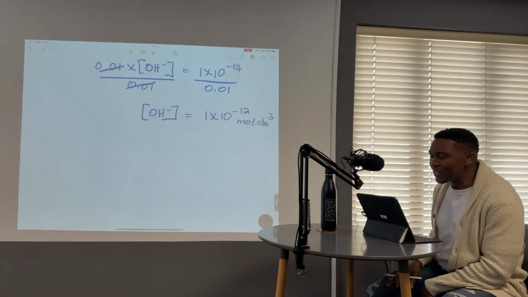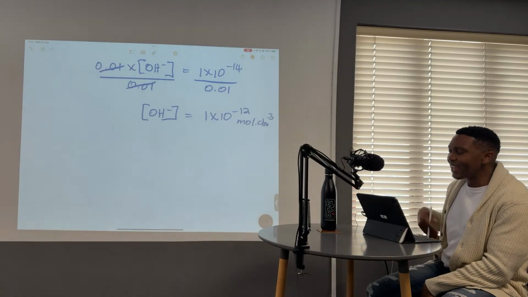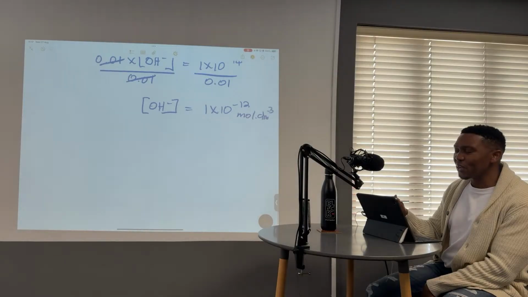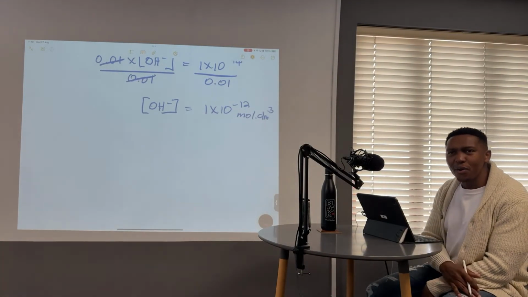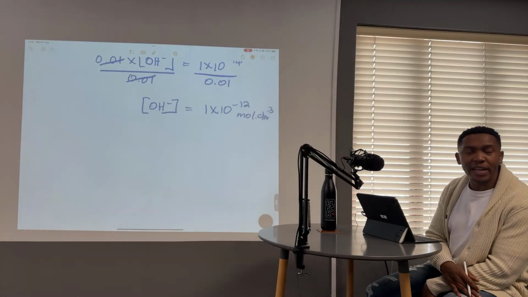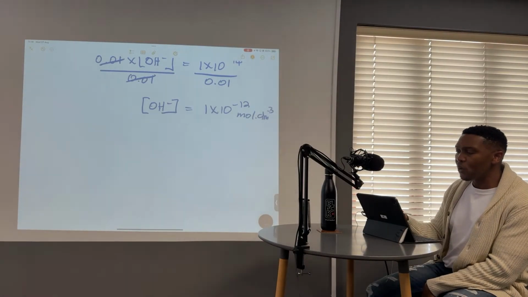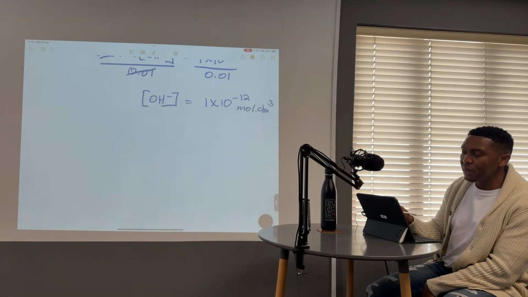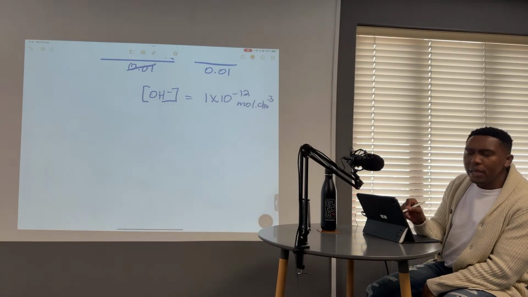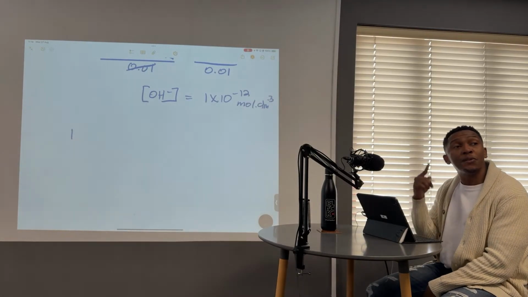Okay, so hydroxide ion concentration. That's 1 times 10 to the power negative 12, right? So how can we find out what is our mass of potassium hydroxide? But how are hydroxide ions manufactured?